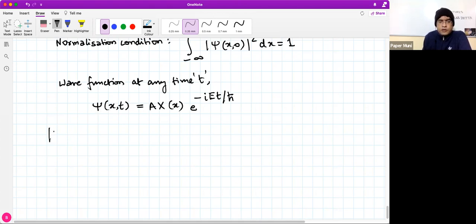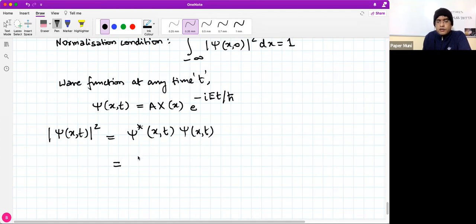Now, let's talk about the probability density at any time t. This is the wave function mod square. It will give us psi conjugate (x,t) times psi(x,t). Let's put down the explicit value of psi.